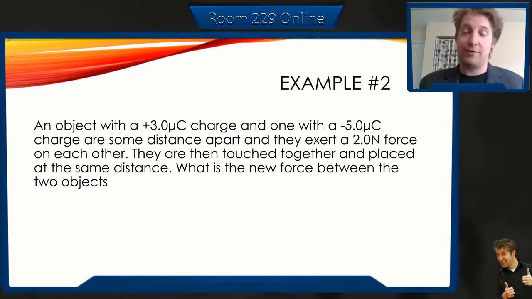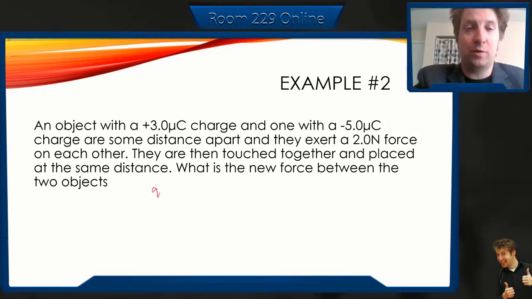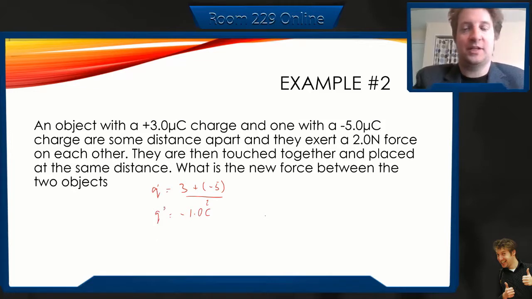It's going to be the average of the two. Let's figure out what the new charge is going to be, and this will be the same for both. Call this Q prime. That's going to be positive 3 plus negative 5, divided by 2. It's going to be negative 1 coulomb. That's going to be the charge on both of the objects afterward. Okay?